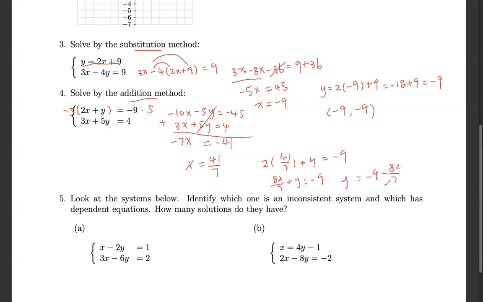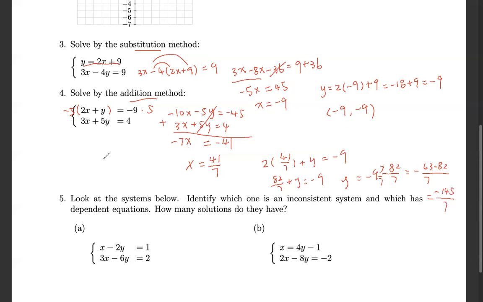Well, we need a common denominator of 7, so we multiply by 7. -63 divided by 7. -63 minus 82 is negative.